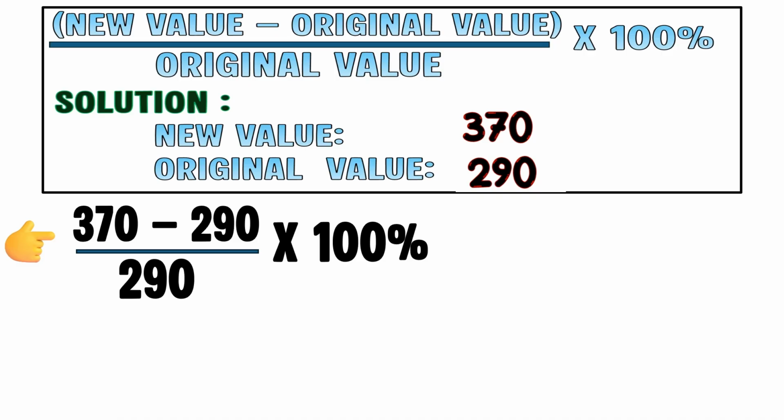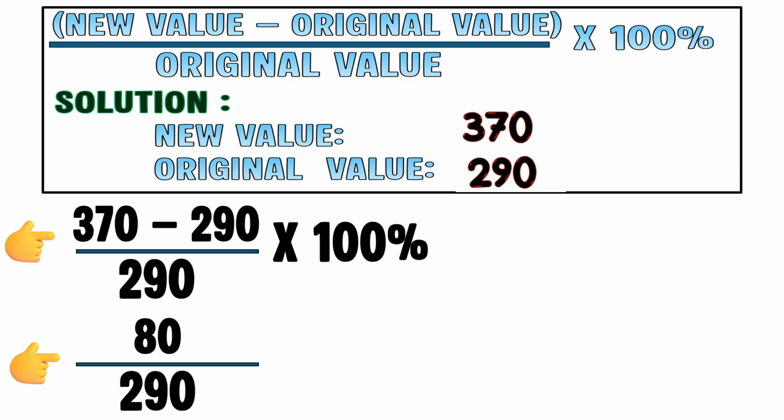Now, 370 minus 290 is equal to 80. So, the increase is 80 divided by 290 times 100.